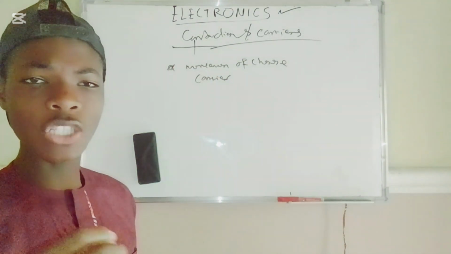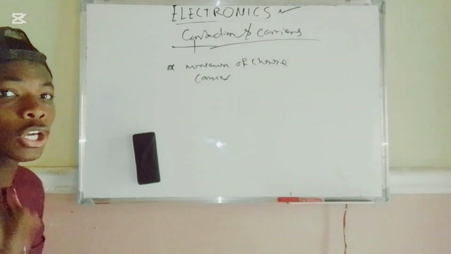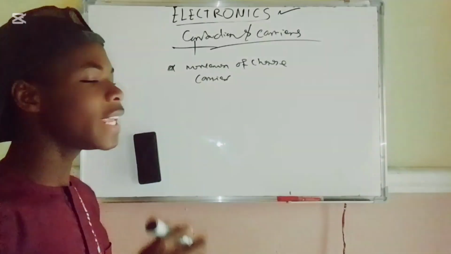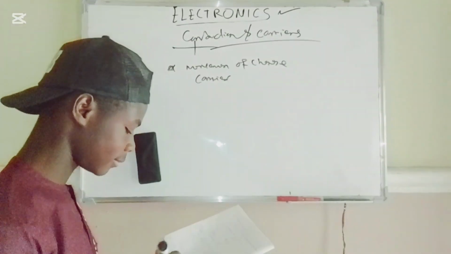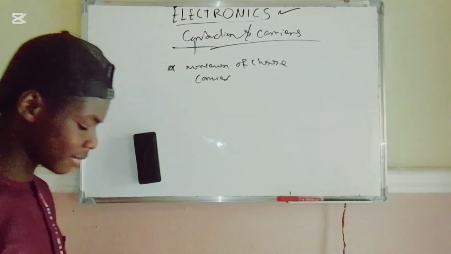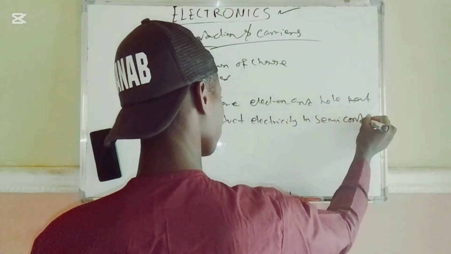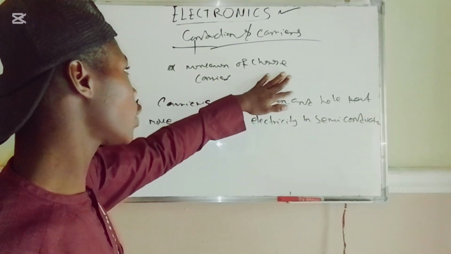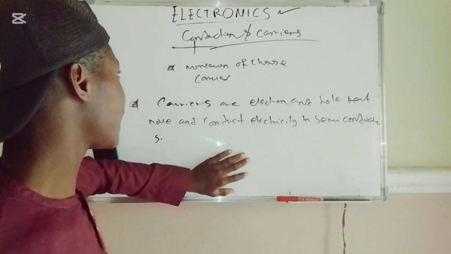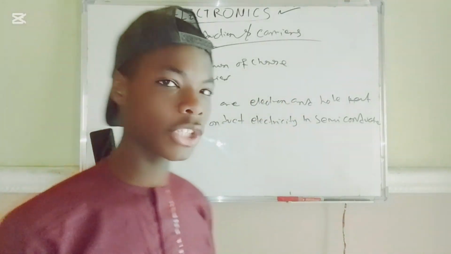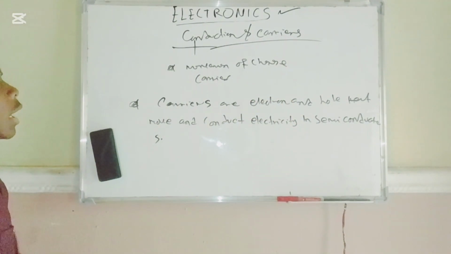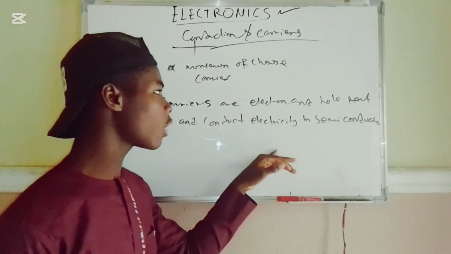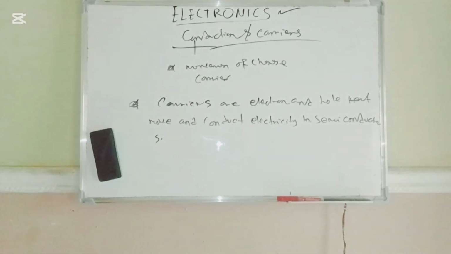Carriers are electrons and holes that conduct electricity in a semiconductor. Let me write it so that you can see. As I said, conduction is the movement of charge carriers, and carriers are electrons and holes that move and conduct electricity in a semiconductor.